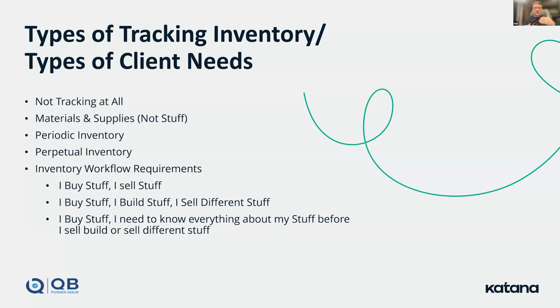And then there is what you were mentioning: I buy that stuff, and I need to know everything about my stuff before I sell or build a different finished good. I've got mobile inventory, I've got drop shipping, I've got things that I want to know. And to your point, Shawn, there's a point of diminishing returns. If you're going to invest in tracking all that stuff, there is a lot more setup to do.